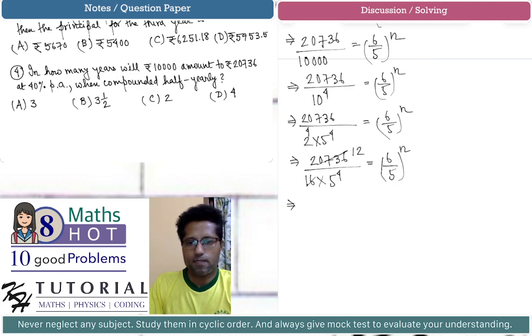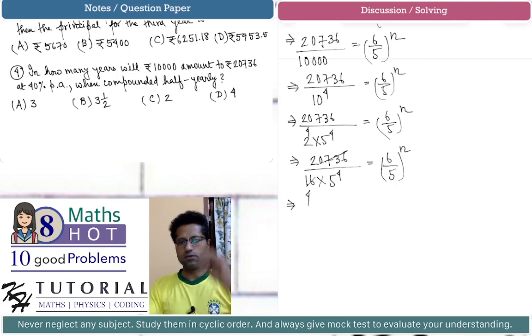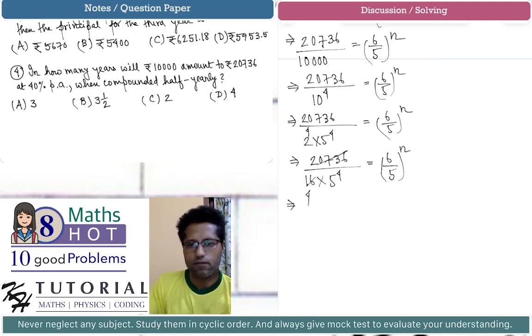Let's divide step by step. Let's divide first by 4. If we divide 20,736 by 4, we have 5184.